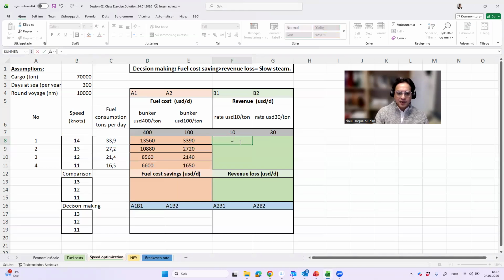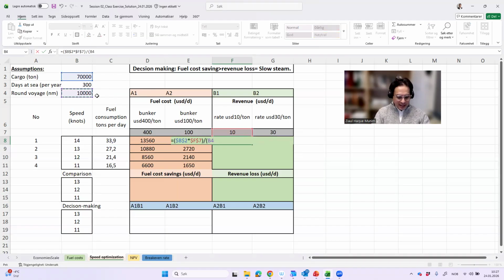So let's start with this function. First, as I said, we will have the revenue. So we have the ton here. We fix the cell. We also multiply it with the price. We also fix this cell. Then we have to divide it by the number of days it takes to make the trip. So how do we calculate the number of days it takes to make the trip? We take the round voyage.